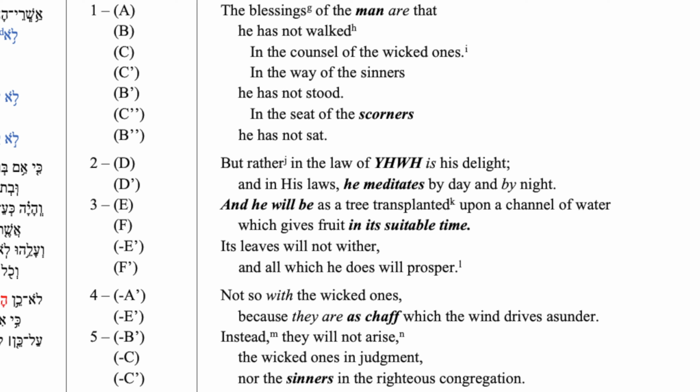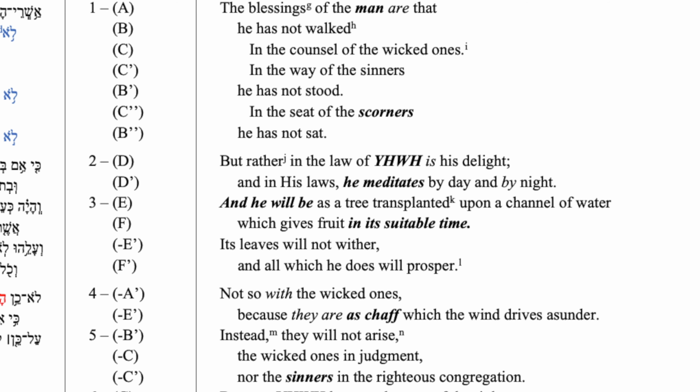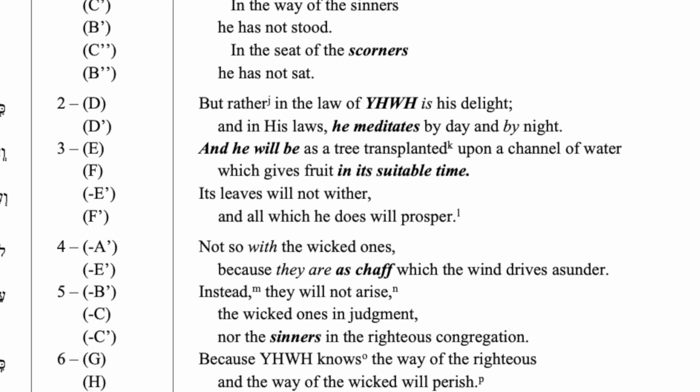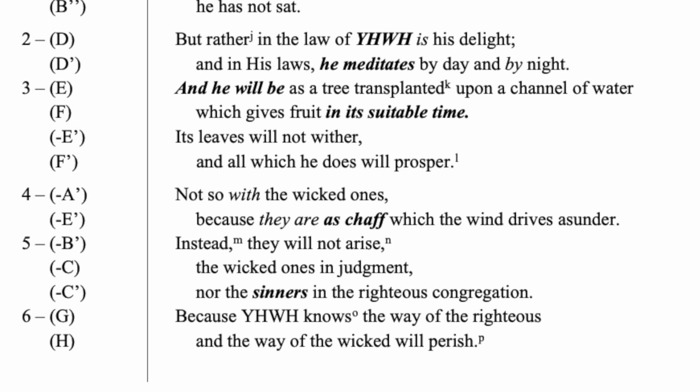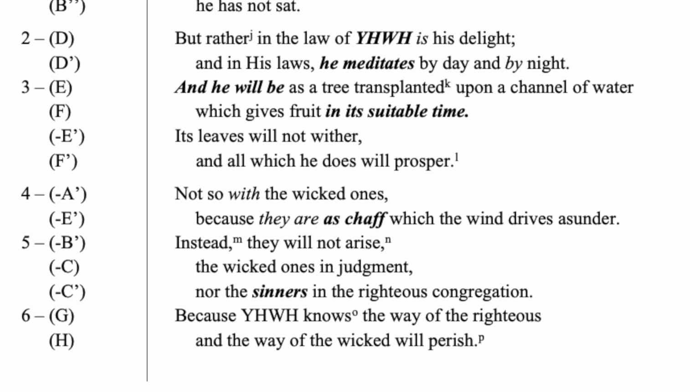Instead, they will not arise. This is a negation of B, he has not walked, because we have some similar language there. They will not arise, the wicked ones in judgment, nor the sinners in the righteous congregation. So these are negations of C from before, because Yahweh knows the way of the righteous and the way of the wicked will perish. Okay, so this is poetical analysis.